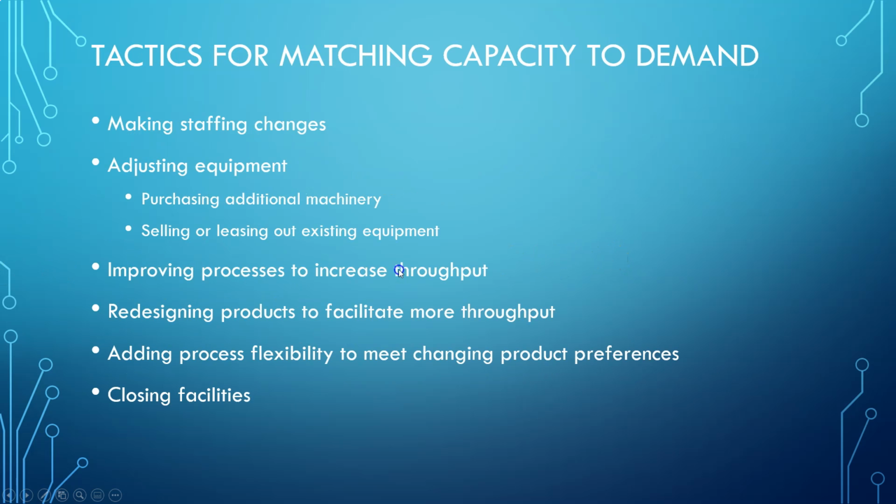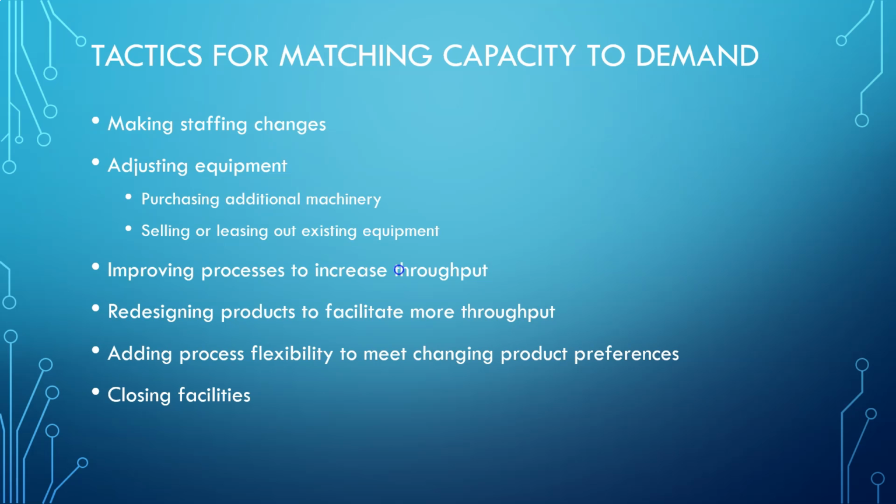Some of the tactics that can be used to match capacity to demand is to hire more personnel and/or purchase additional equipment to increase capacity, and selling or leasing existing equipment to decrease capacity. We can also analyze current processes and have a continuous improvement process in place to increase throughput.